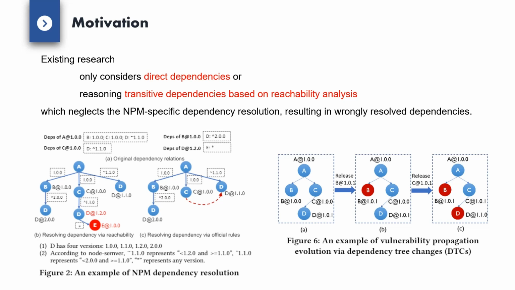Therefore, the vulnerable dependency E at 1.0.0 would not be included during the installation of A's dependencies.